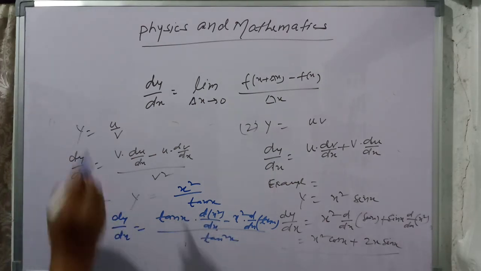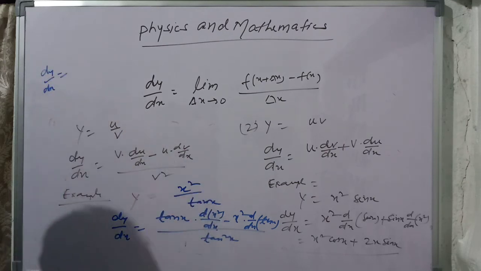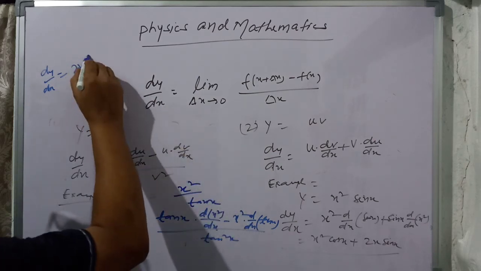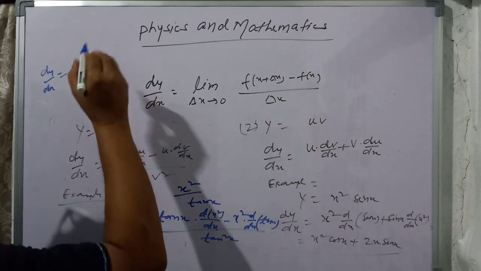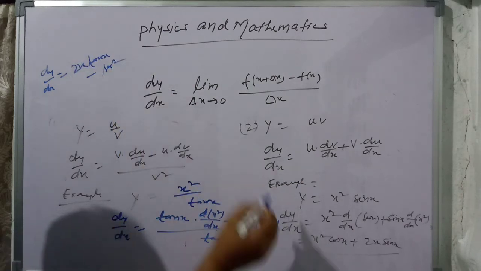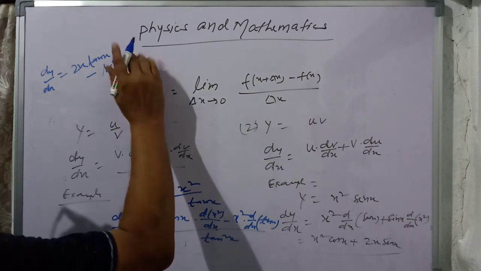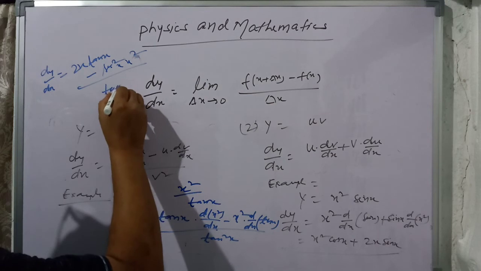And it is equal to dy by dx is equal to 2x tan x minus sec square x into x square, divided by tan square x.